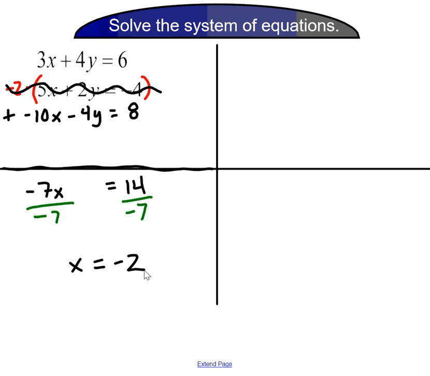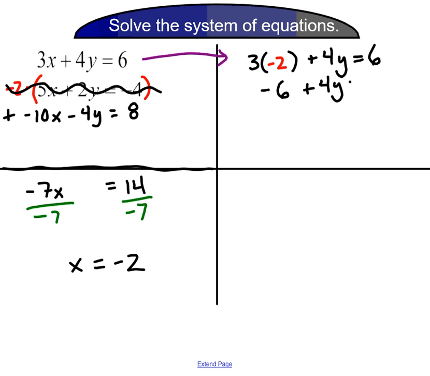Does not matter which equation I choose. I'm going to use the top one just because. So I say 3, instead of an x, I can actually plug in negative 2 because I know that's my x value, plus 4y equals 6. 3 times negative 2 is negative 6, plus 4y equals 6.